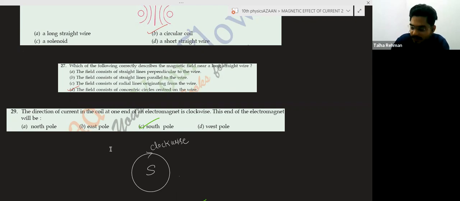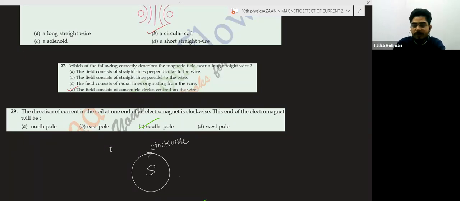So what is the basic fundamental of the electromagnet? We know that in a wire, if there is current, then due to that wire there will be a magnetic field. On the basis of this, we will manufacture or produce the electromagnet.